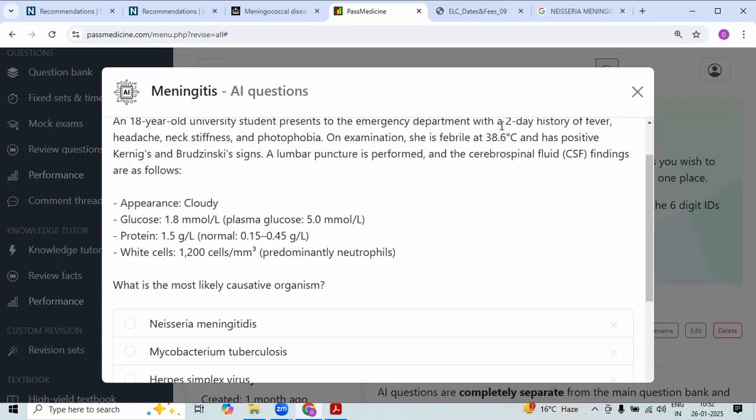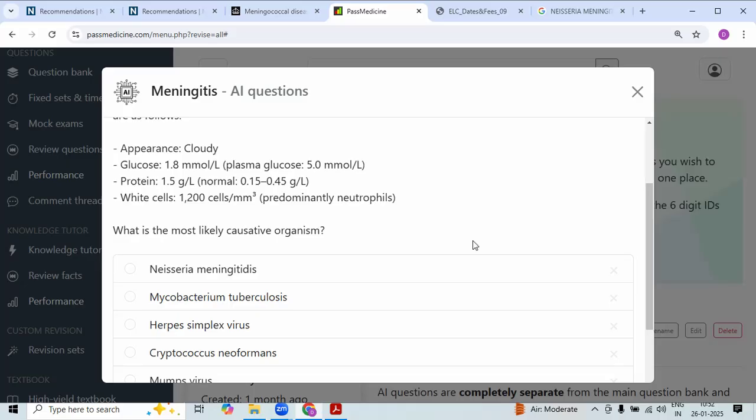An 18-year-old university student comes to emergency with a 2-day history of fever, headache, neck stiffness, and photophobia. She's febrile, she's got positive Kernig's sign and bruising. LP you perform, and CSF you get cloudy, glucose is 1.8, protein is high, white cells are predominantly neutrophils. What is the most likely causative organism?